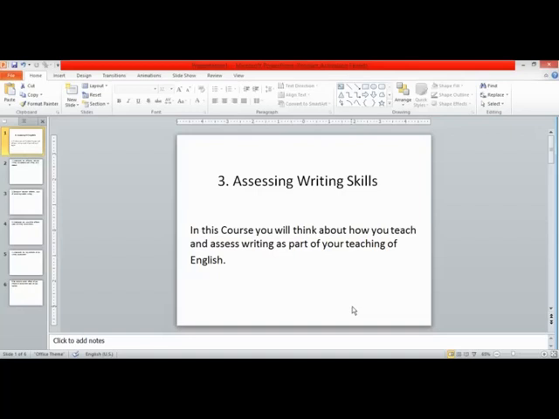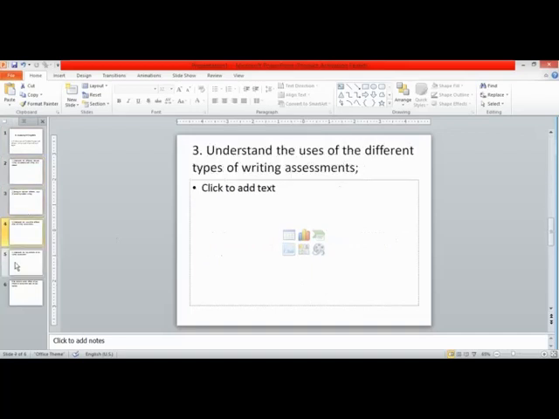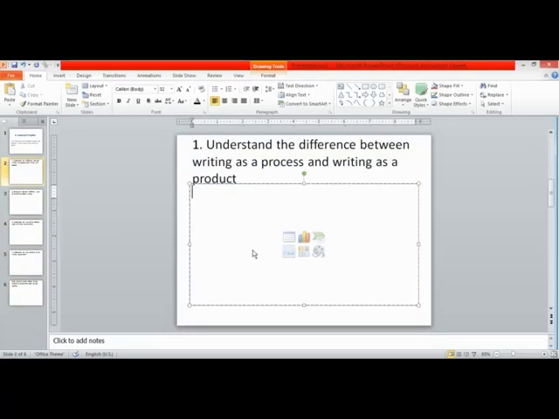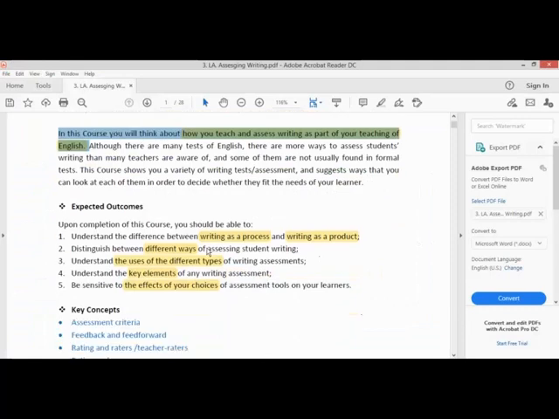Here I have five slides: 1, 2, 3, 4, 5. What I need you to do is to elaborate the topic here. My previous explanations are based on this part: expected outcomes.